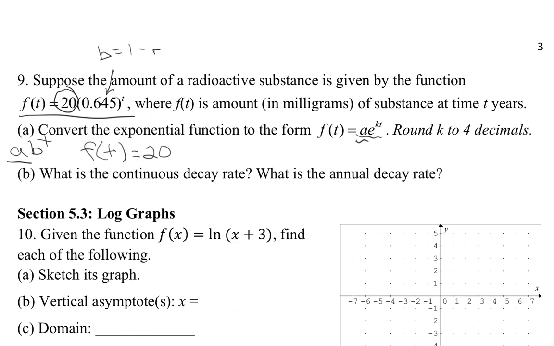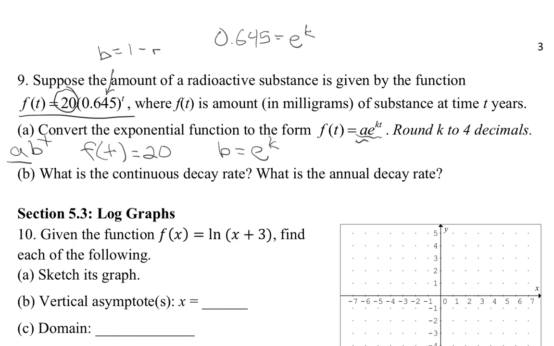So because of this, we need for b to be equal to e to the k. And we know what e is, and we know what b is, so we can use those things to solve for k. So I'm going to go up here, I'm going to say that 0.645 equals e to the k.